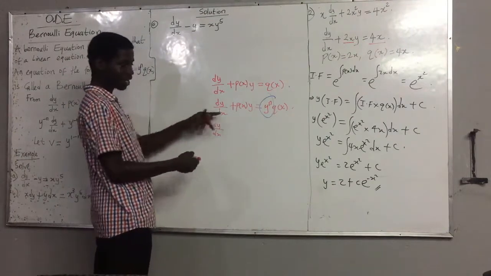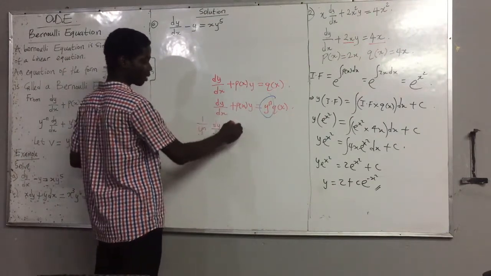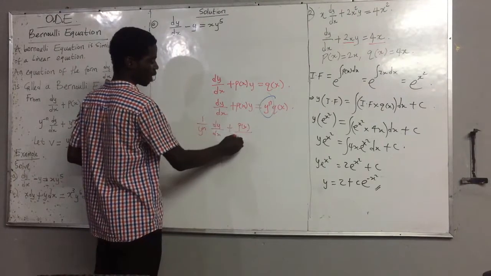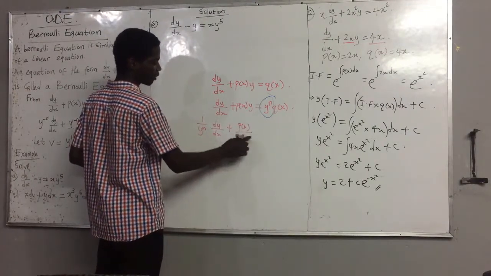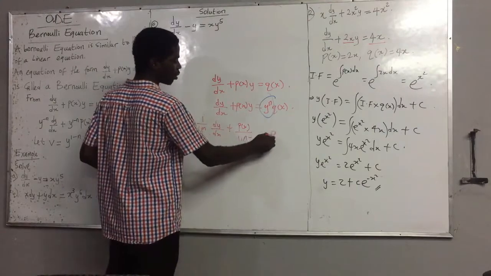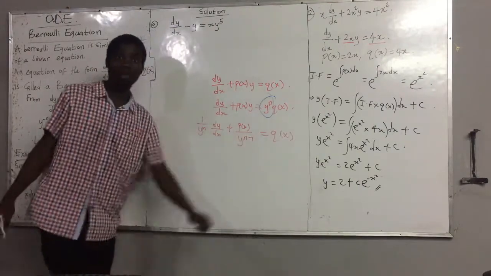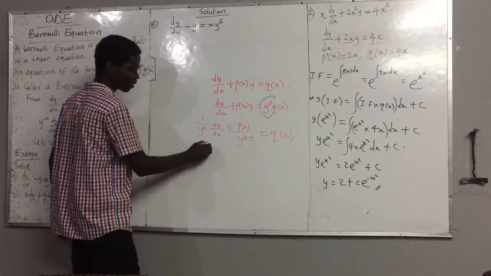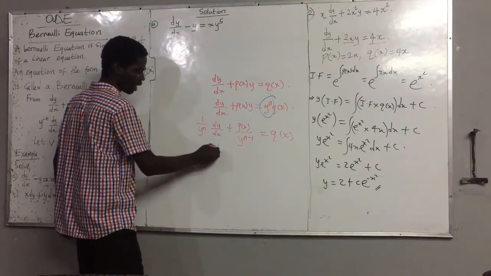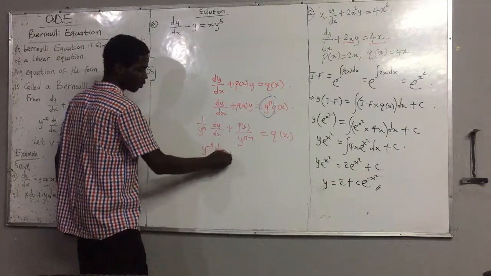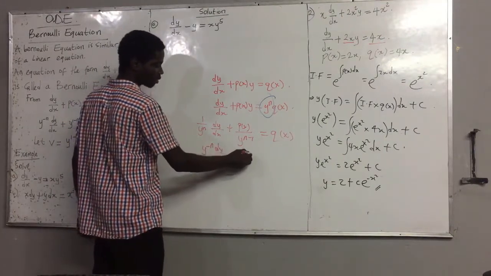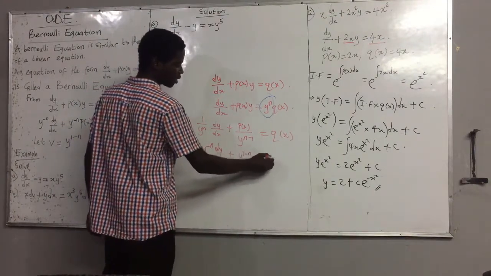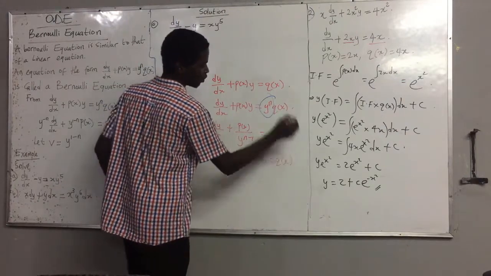Do you understand? I'm dividing through, divide each of them. This one will be p of x y raised to power 1 minus n equal what? q of x. Divide through by y raised to power n. This is what you will get. Another way I can write it, from the laws of indices, this is y raised to power minus n dy/ds plus y raised to power 1 minus n p of s equal what? q of s.